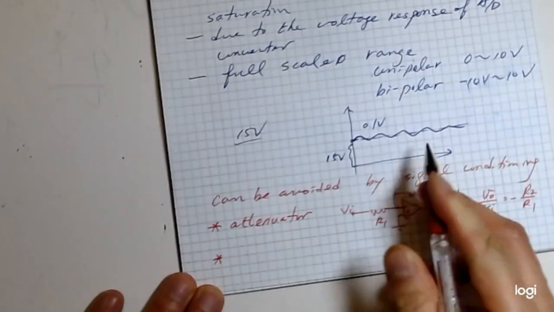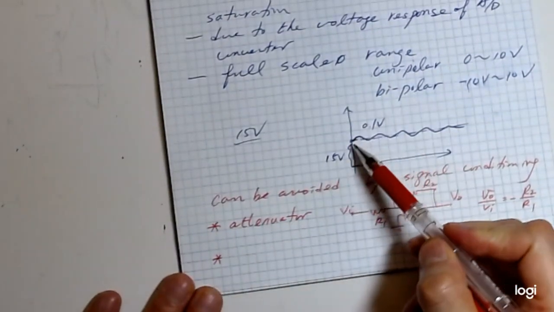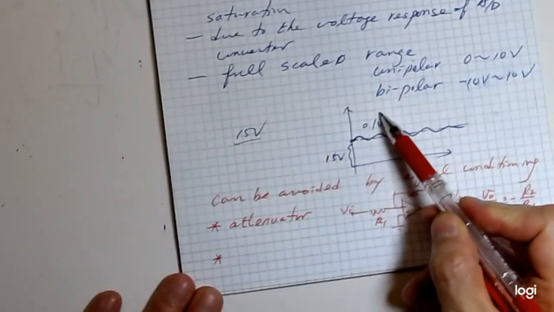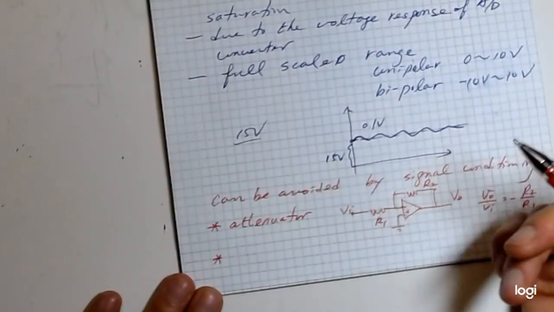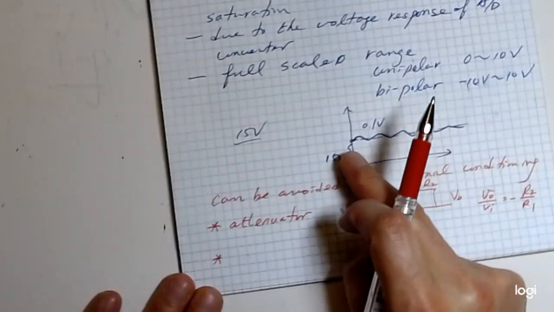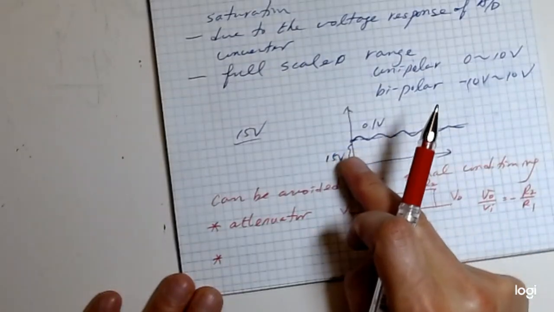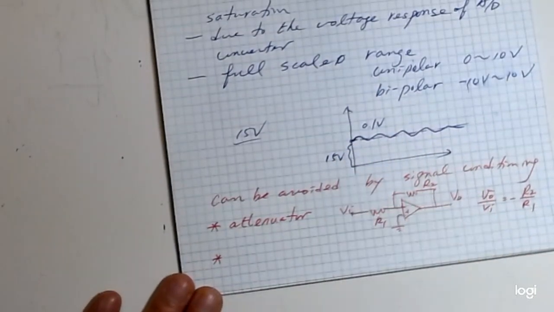How about this one? We want to get the amplitude terms, like ripples or a sinusoidal signal superimposed on a constant voltage of 15 volt.